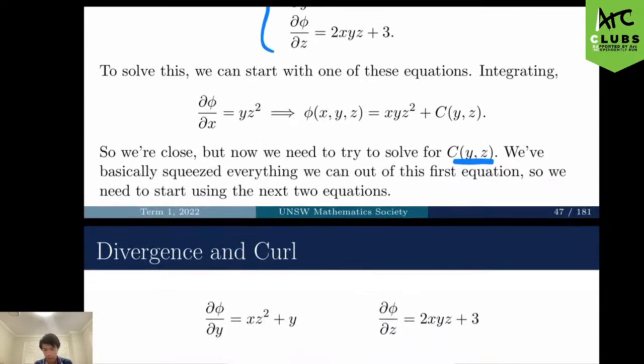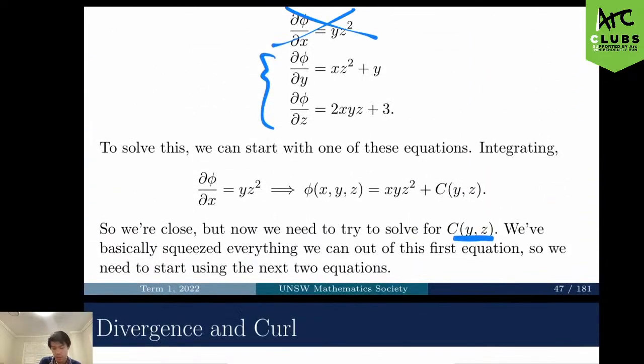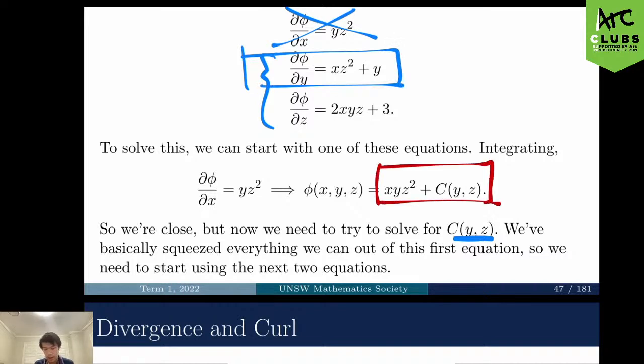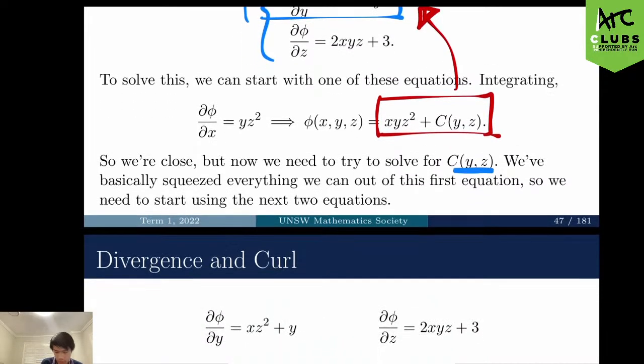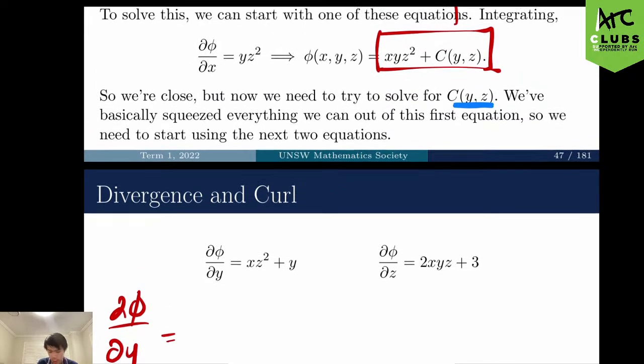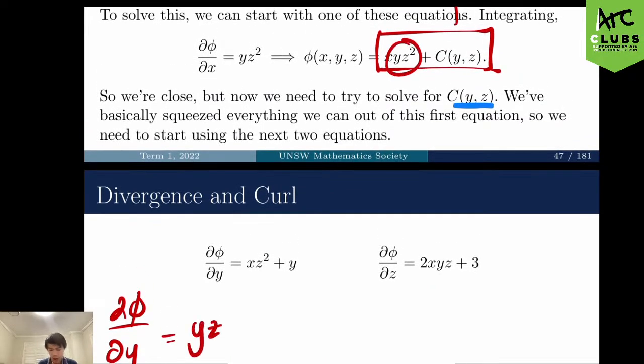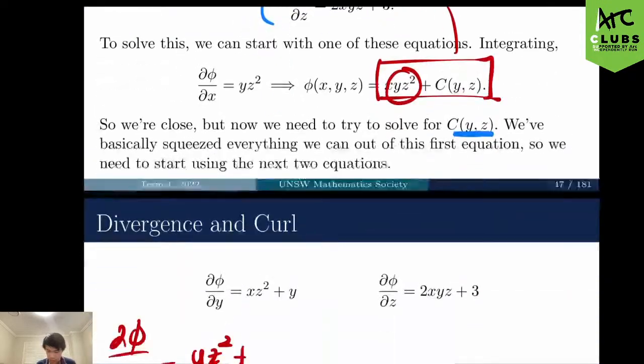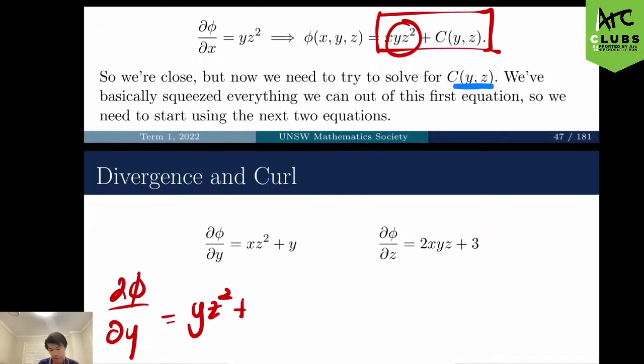So first of all, let's try this equation here. We're given that phi is equal to xyz squared plus c(y, z). So maybe we can just differentiate with respect to y. Let's do that. We get ∂phi/∂y equals this thing is xz squared, sorry, my bad, that should be xz squared, plus the partial derivative of c over there.